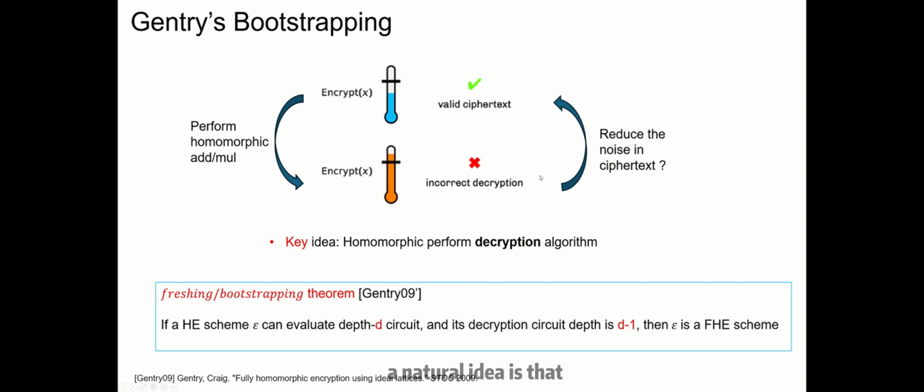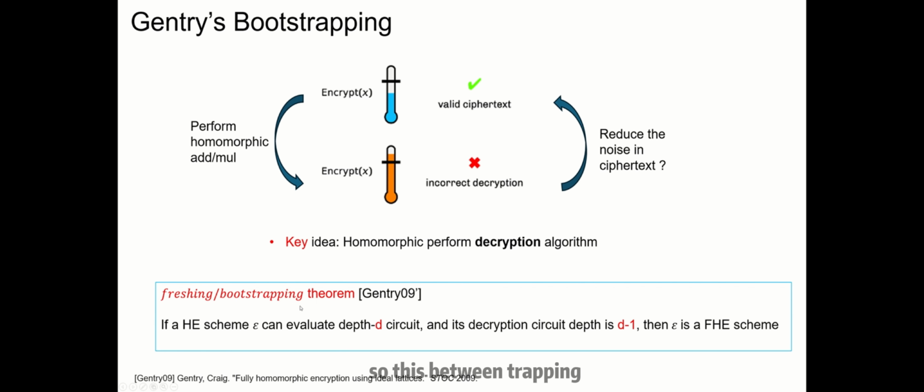A natural idea is that if we can reduce the noise back to normal, then we can again perform more homomorphic operations. And Gentry's bootstrapping idea essentially solves this problem. It basically says that if we can somehow homomorphically perform the decryption algorithm, then we will always be able to do an unlimited number of multiplications homomorphically.